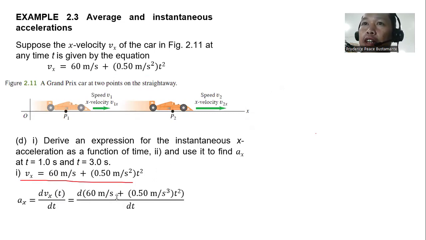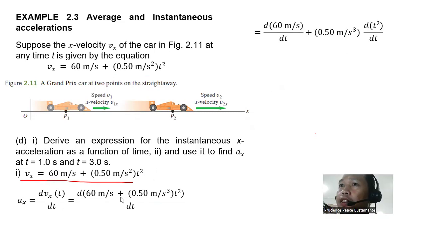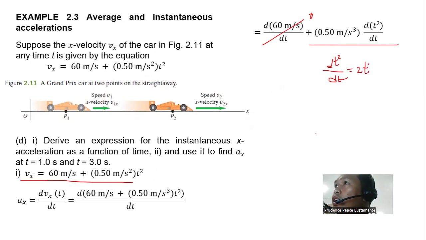The derivative of that function, dvx over dt, is just the instantaneous acceleration. You distribute. The derivative of this is 0, and the derivative of t squared is just 2t. So d over dt of t squared is just 2t to the power of 2 minus 1, or just 2t.